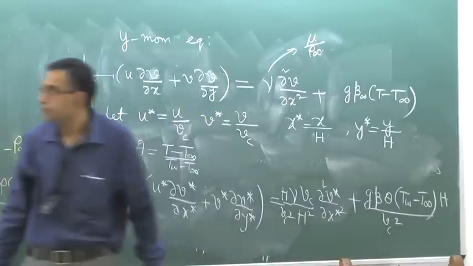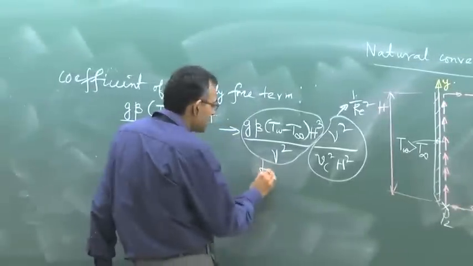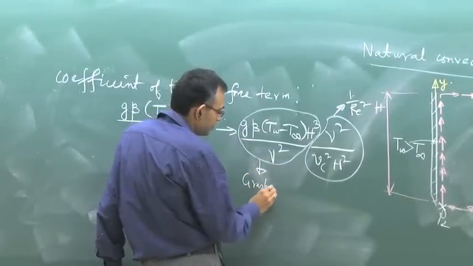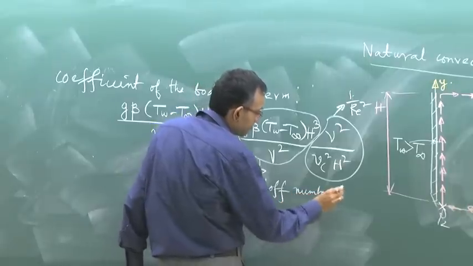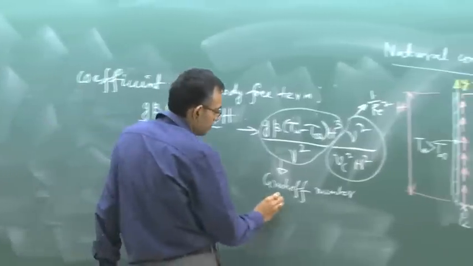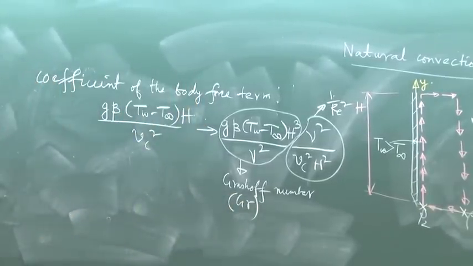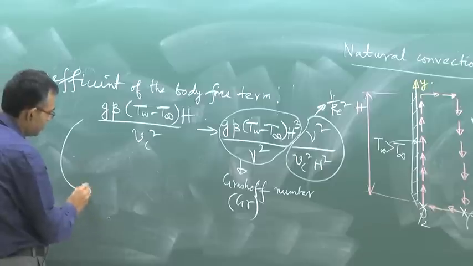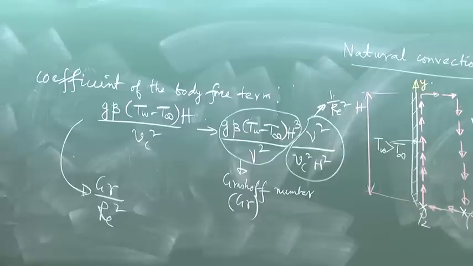So this is called the Grashof number. So this becomes Grashof number by Reynolds number square.